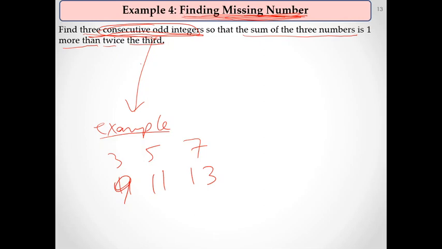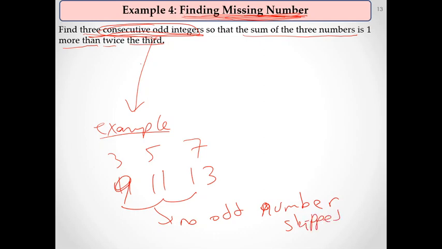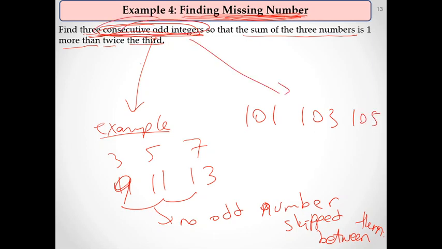I mean, no odd number is skipped between them. So 101, 103, 105 are consecutive odd integers. Three of them, for example 99, 101, and 103.